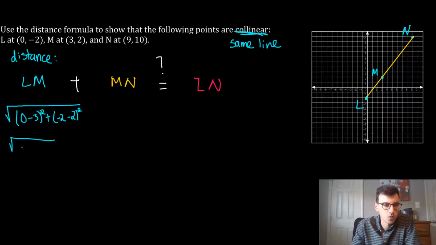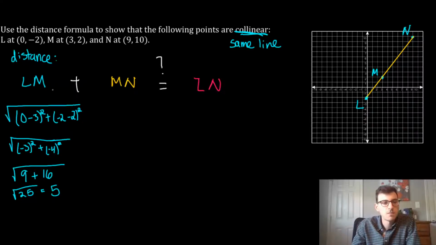So that's the square root of (-3) squared plus (-4) squared, or the square root of 9 plus 16, which is the square root of 25, or 5. So LM is 5. Great, that's a great place to start.